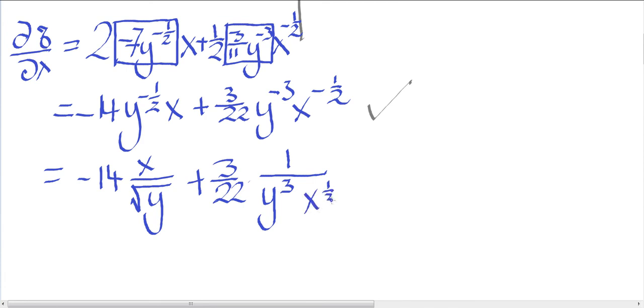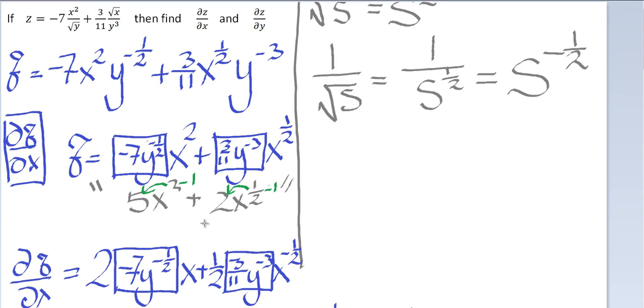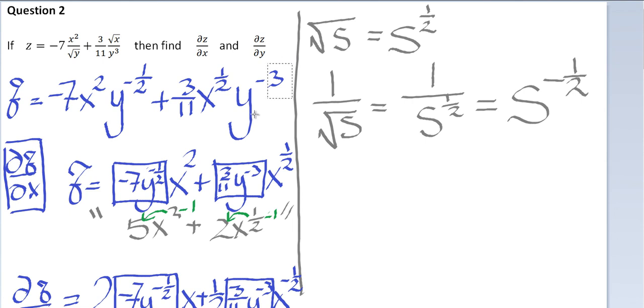But I'm actually going to go one little bit of a step further and change it to the square root of x. Okay, and that's the final answer. But as I said, if you got to that stage, I think we're happy enough that that's correct, if you're not comfortable with changing back into fraction format. Now let's find the next partial derivative. So I'm just going to take my z down again because I haven't that much space on the whiteboard.